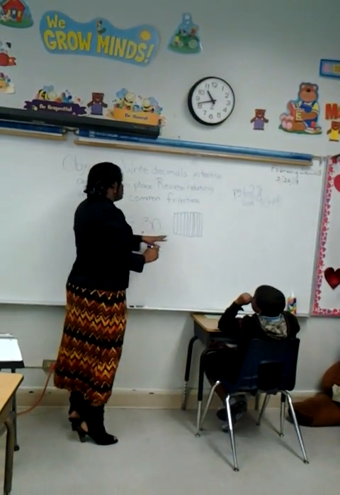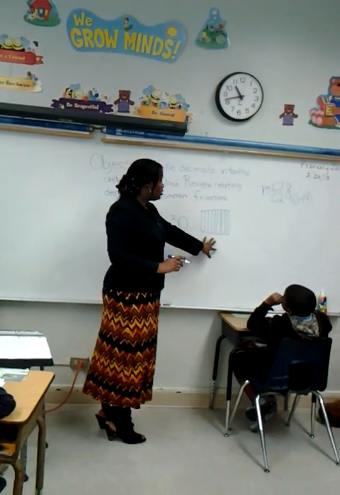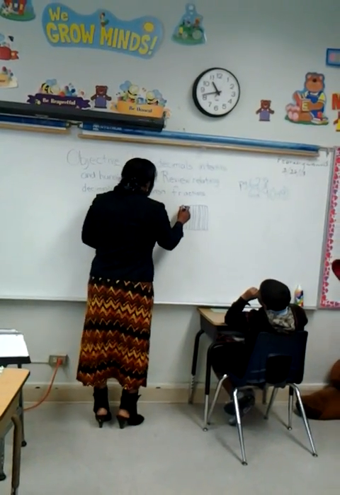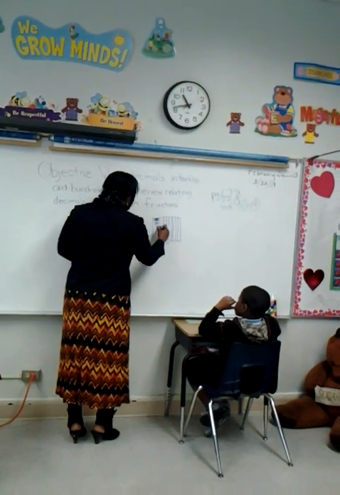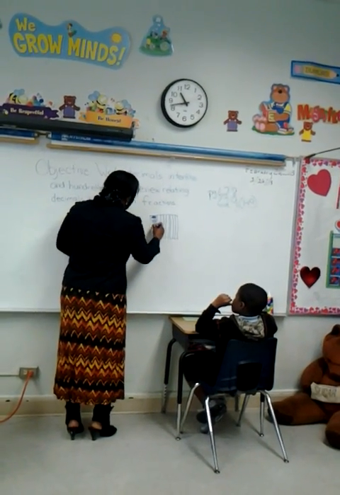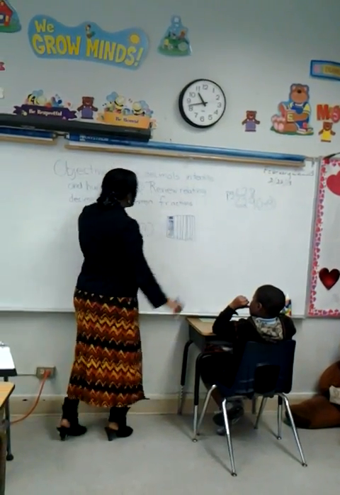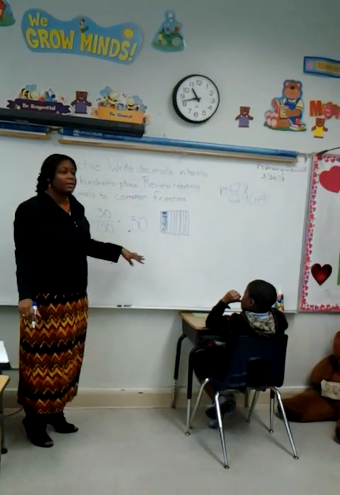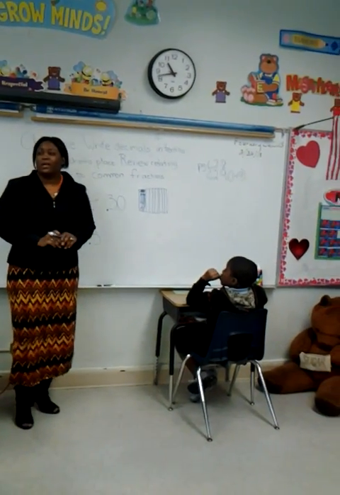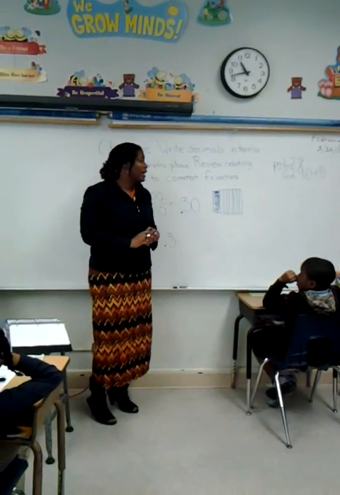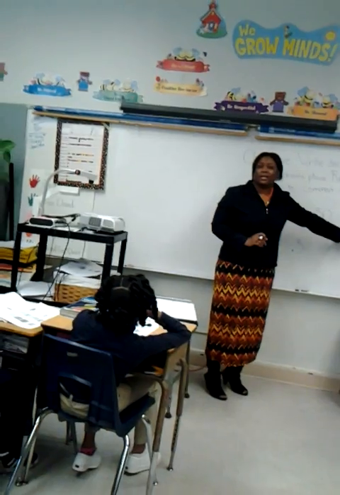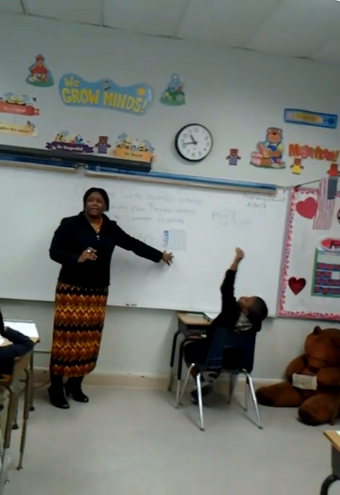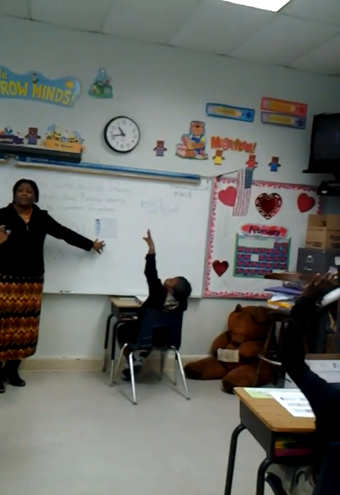Okay, now this is a tenths chart. And what I'm going to do is I'm going to shade in a couple of bars. I don't color it very well, so work with me, okay? Now, I want someone to raise their hand and tell me how much of this grid I shaded in and give me the fraction portion of it.